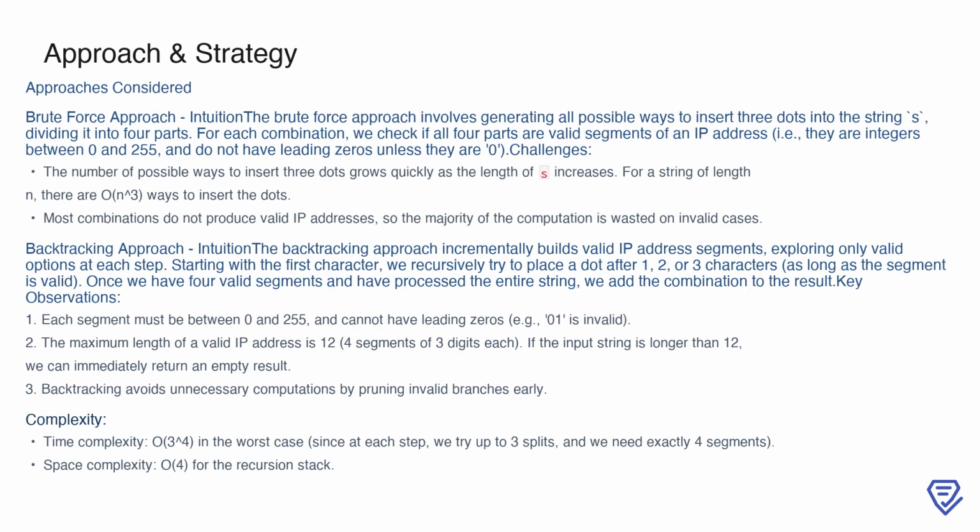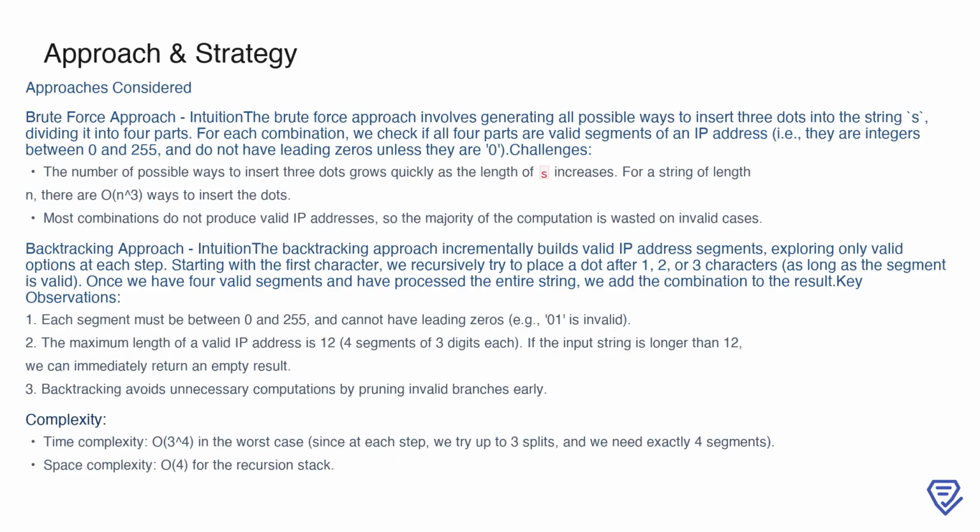To tackle the problem of restoring IP addresses, we first consider the brute force approach. The intuition here is simple: generate all possible ways to insert 3 dots into the string, dividing it into 4 segments. Then, for each combination, check if all the segments are valid IP components. A valid segment must be an integer between 0 and 255, and it can't have leading zeros unless the segment is exactly 0.